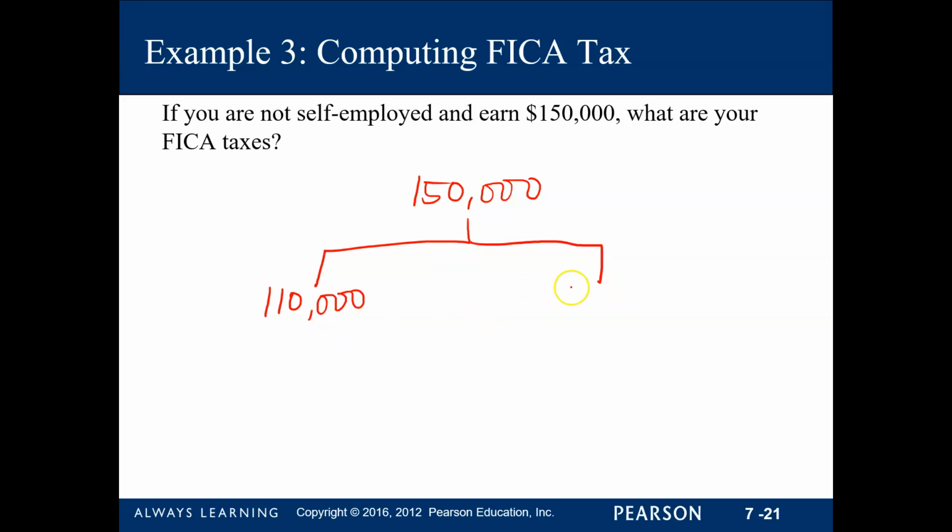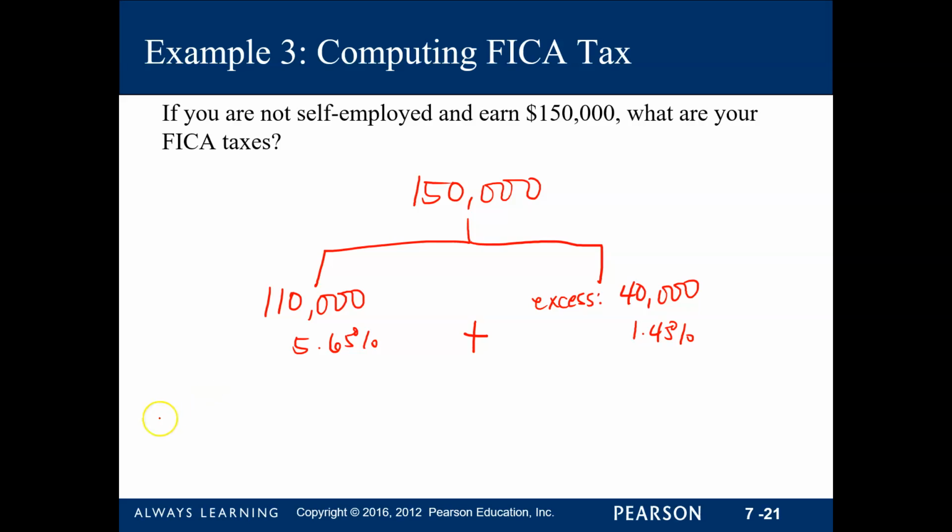How much is the excess? Because you have 150, the excess is $40,000.